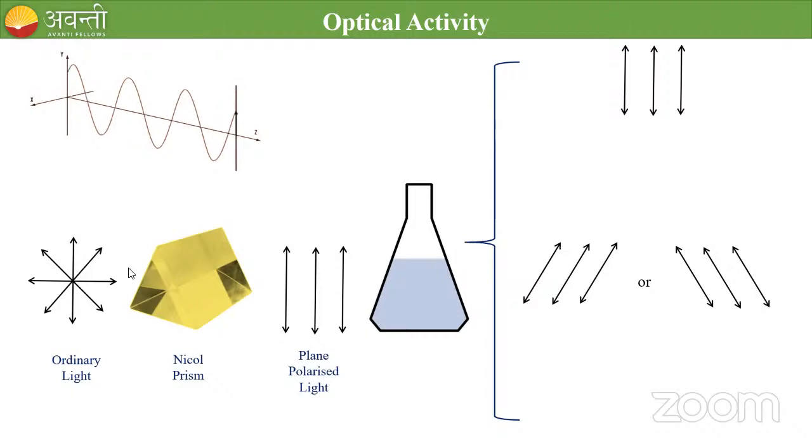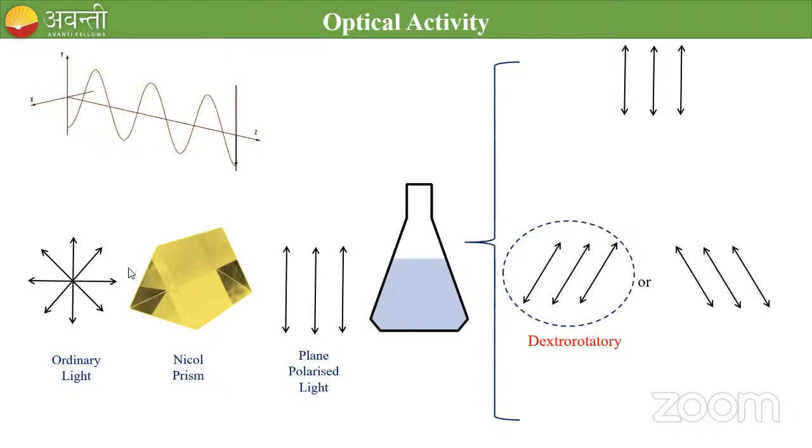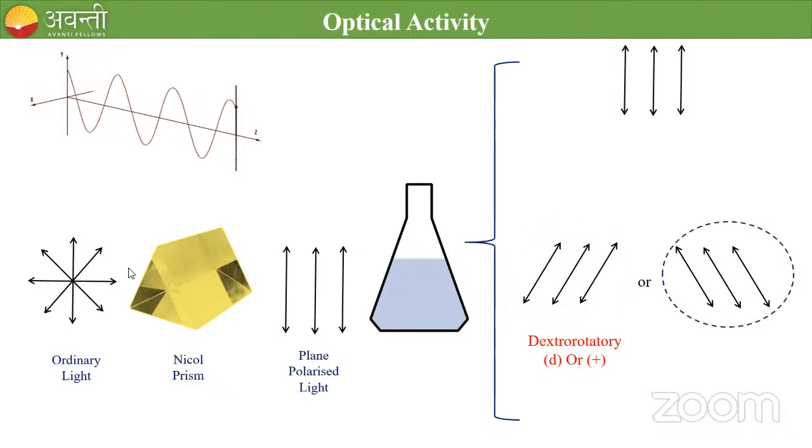The first is the clockwise direction, and we call this clockwise rotation dextrorotatory. It is indicated by a small letter d or by a plus sign. The other rotation is anti-clockwise rotation, which is called levorotatory, denoted by a small l or by a minus sign. So these two types of rotation can be observed.